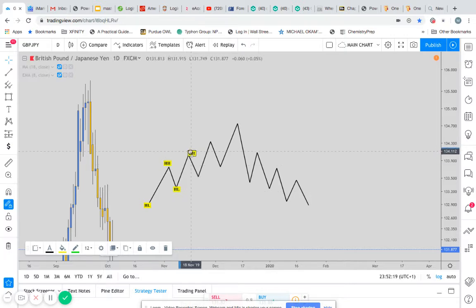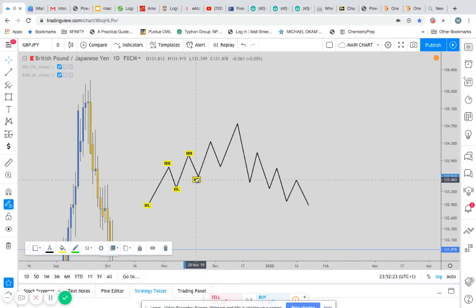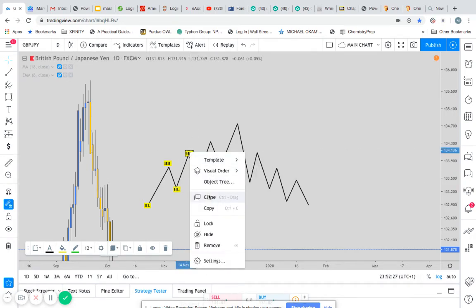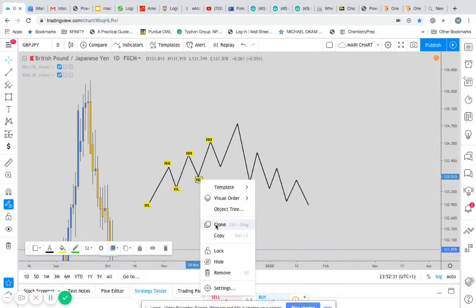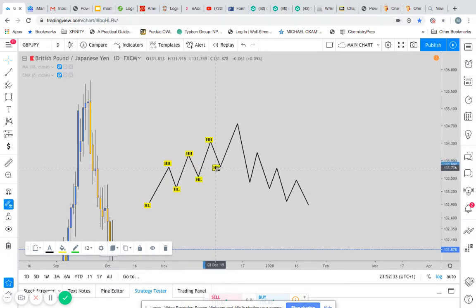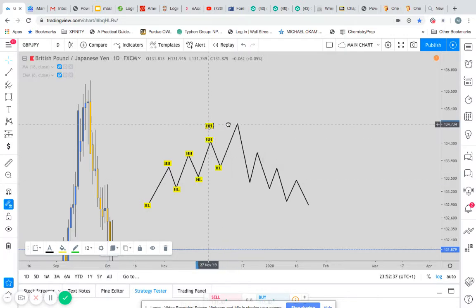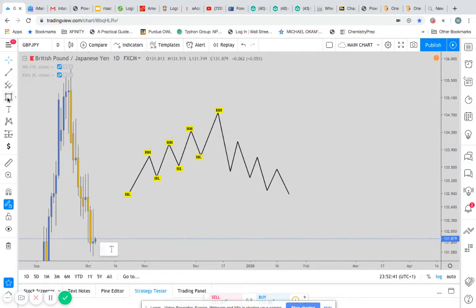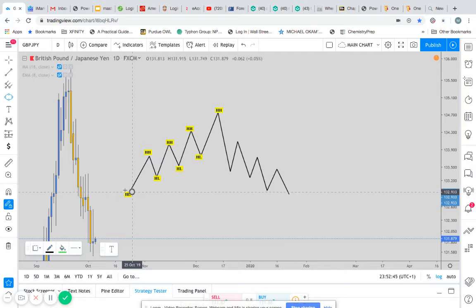In the uptrend, we're always buying at the high low position. So at every high low position, we're looking to place a buy order. This is market structure 101. At every high low position, we are looking to buy.